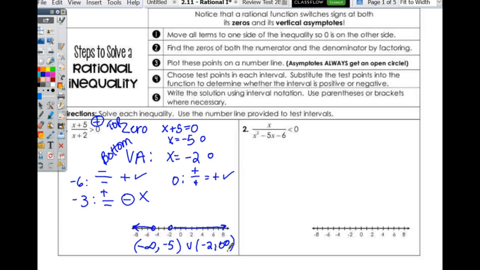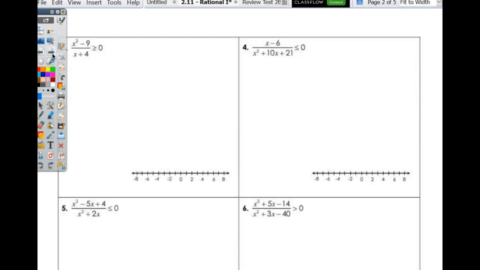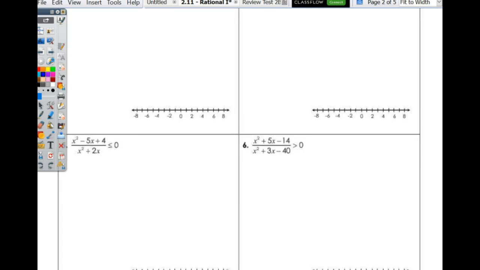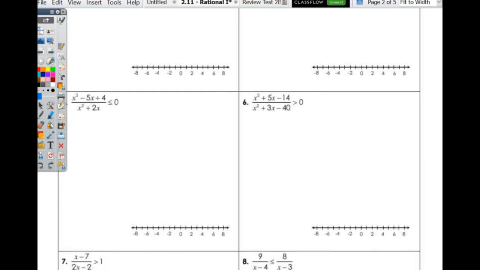Okay, let's go to number 5 on the back. So this one is less than, so you want your negative intervals instead of your positive. Okay, for number 5, I can't start 5 until I factor it.